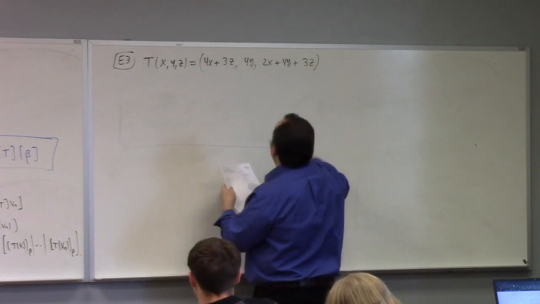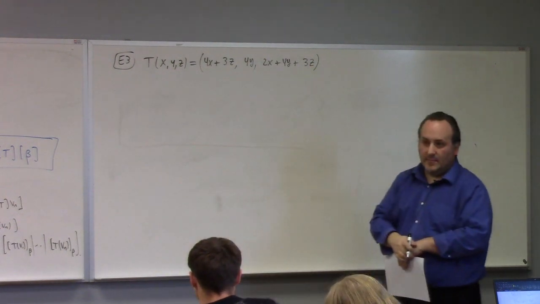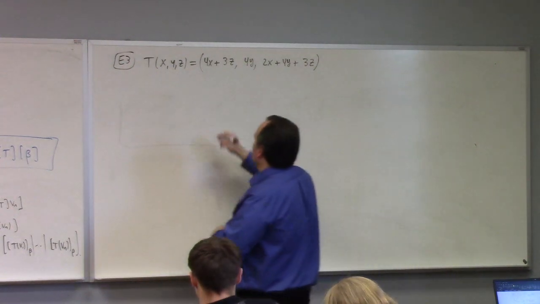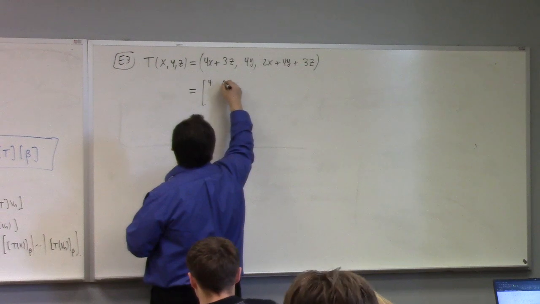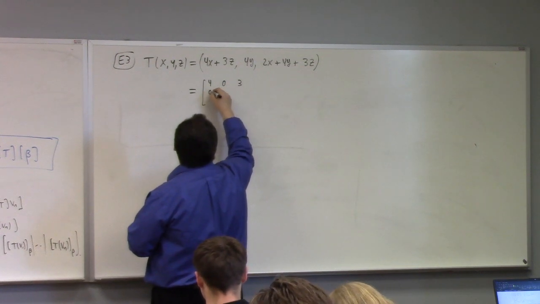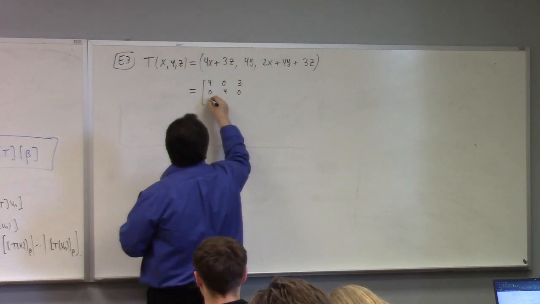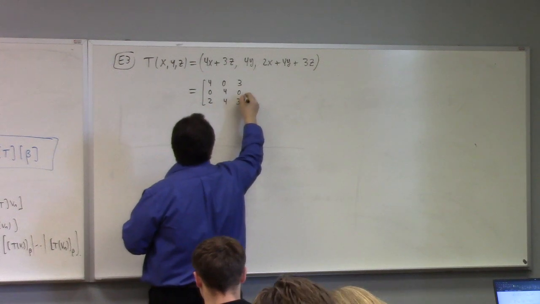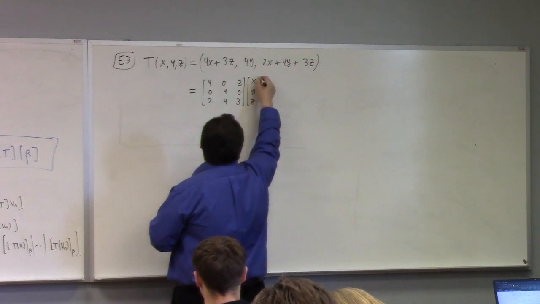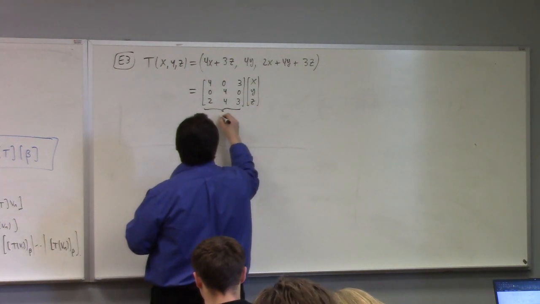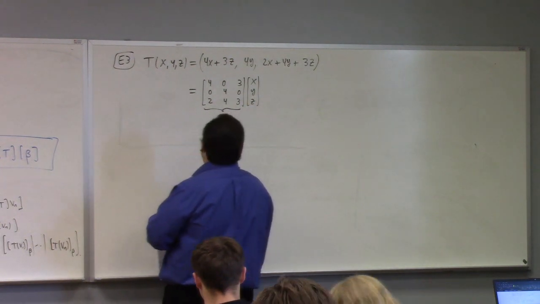All right? This has standard matrix 4, 0, 3, 0, 4, 0, 2, 4, 3, like this, right? So there's my standard matrix. It's not too ugly, but it's also not terribly pretty.